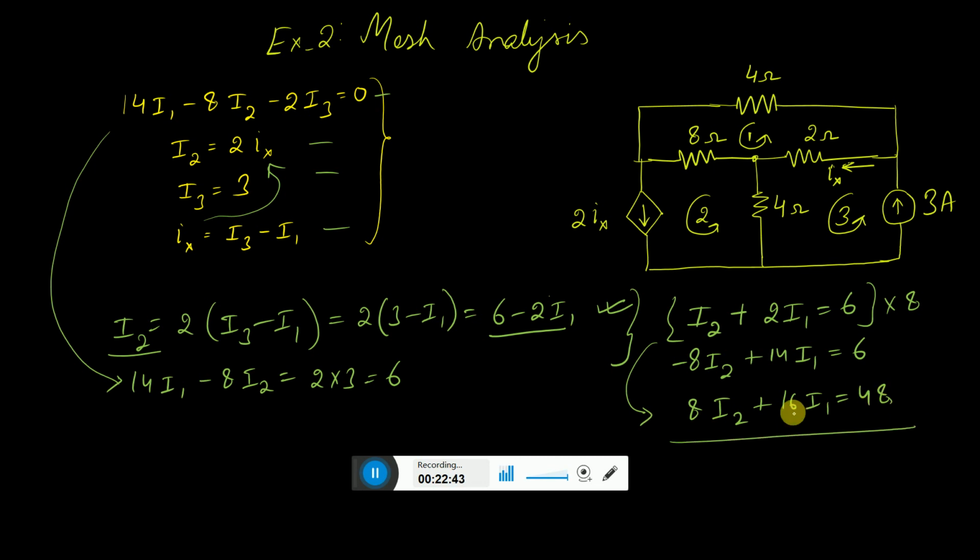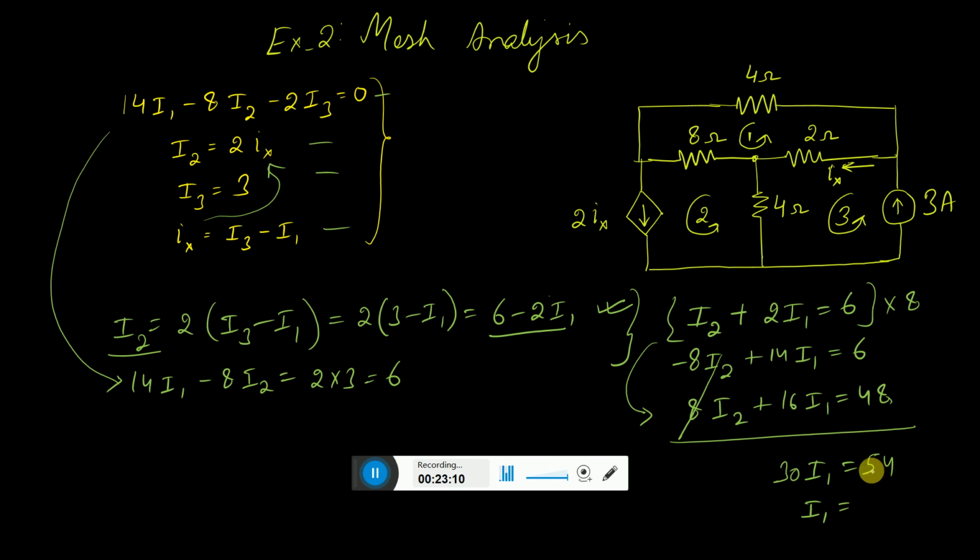Now I just have to add these two equations. Here I will get 40 I1 equals 50, and you can easily calculate the value of I1 from here. Actually this is not 40, this will be 30 I1, and this will be 54.